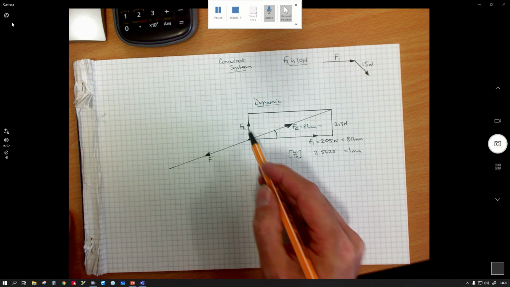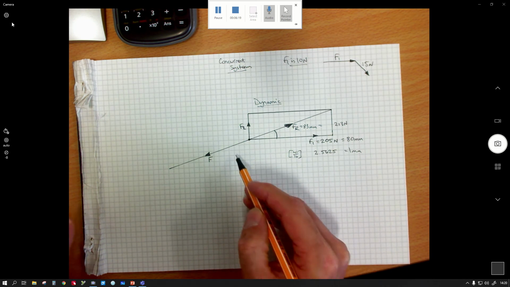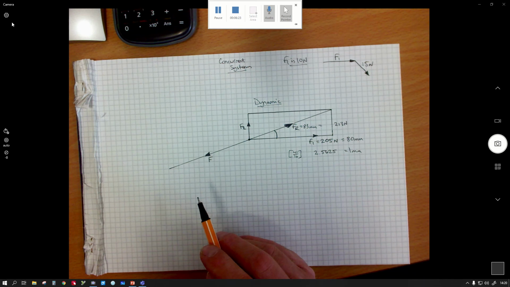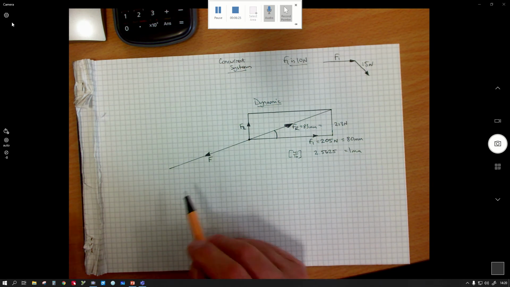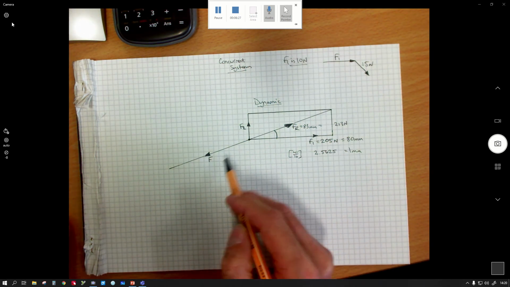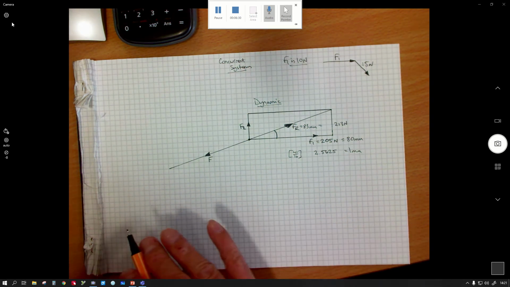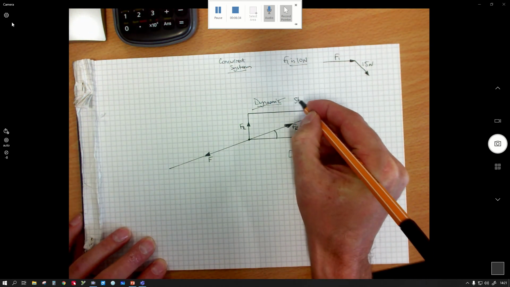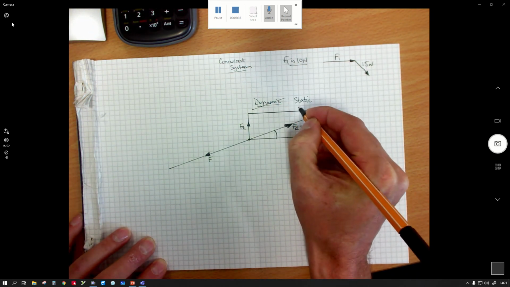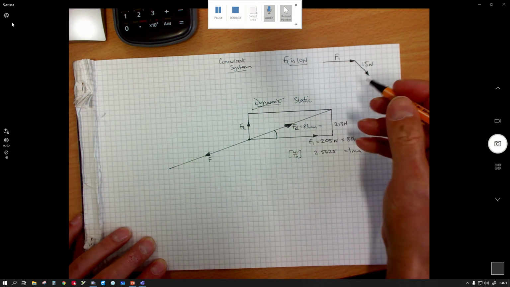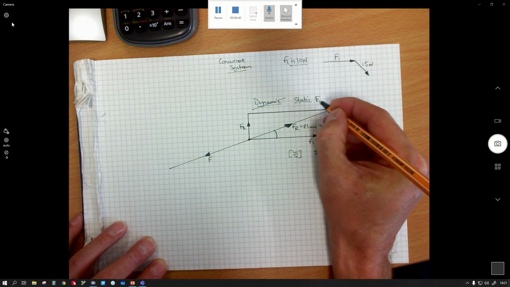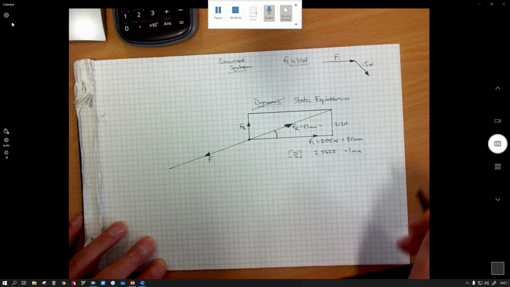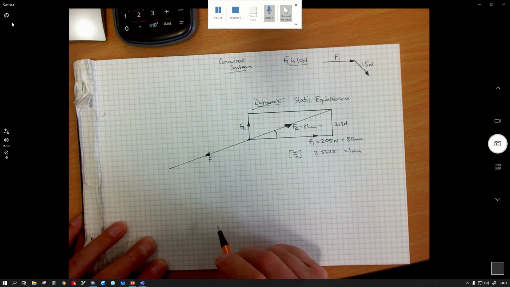FR is the result of F1 and F2, but if we include this guy, F1, F2 and this guy, because this guy's opposite to the resultant and equal in magnitude, it means that F1, F2 and this new guy will result in the system no longer being dynamic but now being static. And we could describe the condition as being in static equilibrium. There are forces acting but they all cancel each other out and this body is no longer moving.